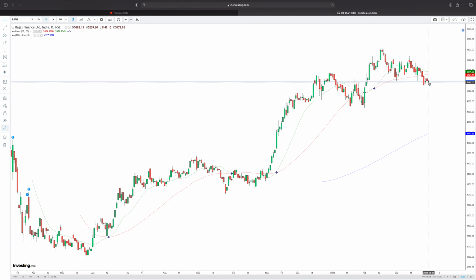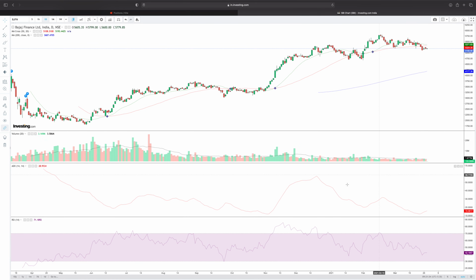At the moment, we are at the open of the market, so this is showing a doji. But it depends. If we get a clearly green day today, this bullish harami would have got confirmed. If we get a red day, we just simply have to sit out of this trade and watch for another set of confirmations. Here we will remove the ADX, or you can even keep it.